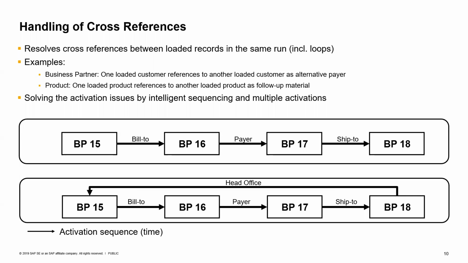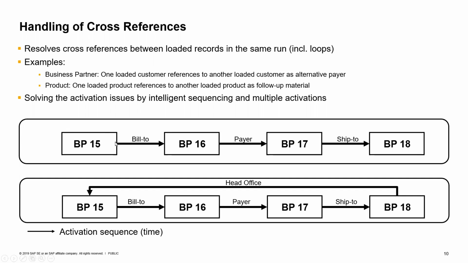So the system will raise an error for you. But now we found a functionality which helps you to resolve these references and even loops of these references when you load the data into the system. So here are some examples. Like you have business partners 15, 16, 17, and 18, and 15 points to 16, 16 points to 17, and 17 points to 18.